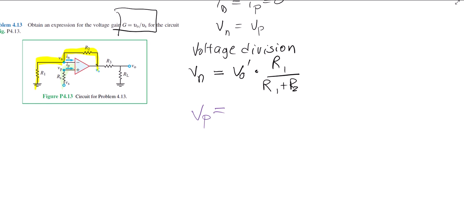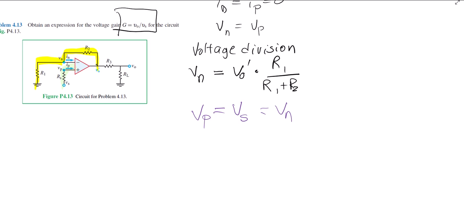I can't hear you. It has to be VS, because there's no current running through that resistor at all, and so it has to have the same voltage. So VP has to equal VS, and it also always has to equal Vn.